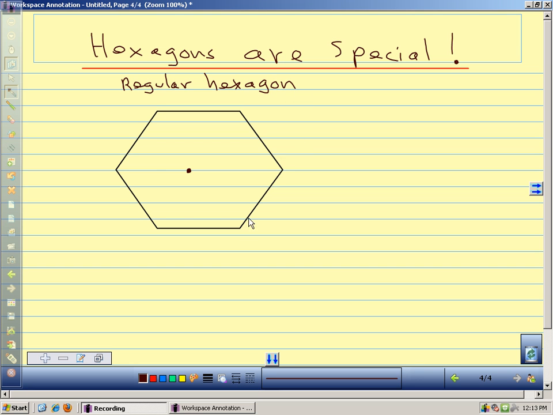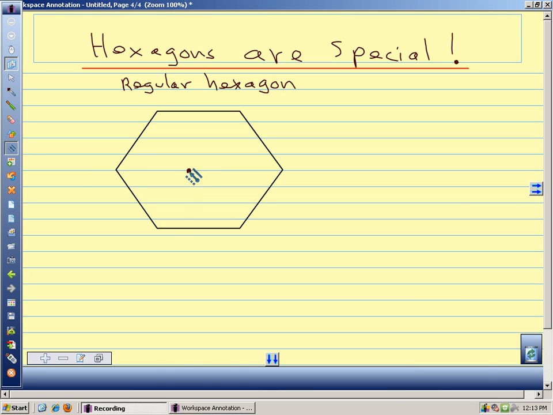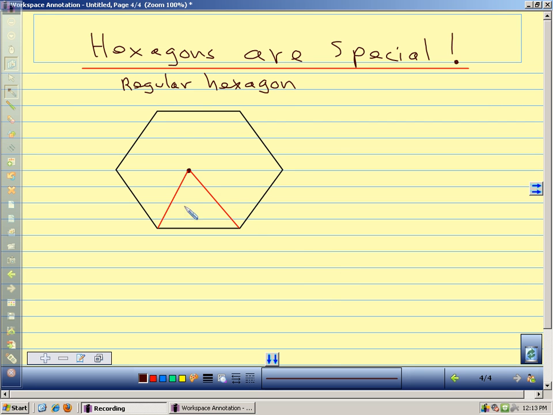And I'm going to draw in a couple of segments for the radius. So now I have a triangle down here. Does anybody remember how we find the central angle of a polygon?